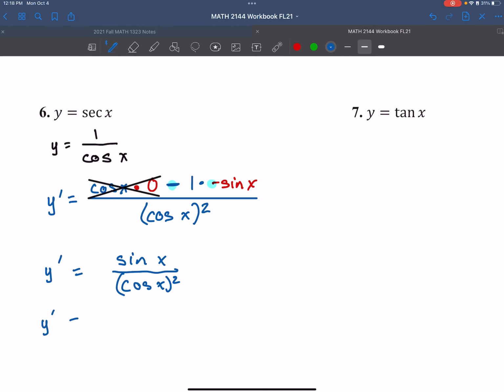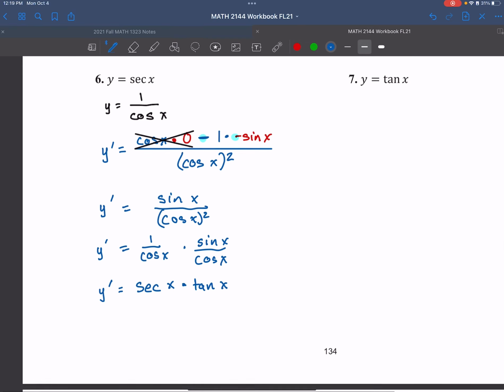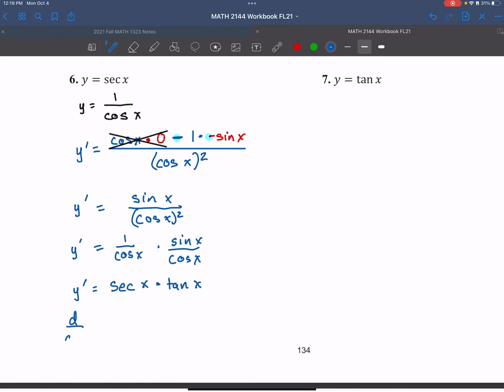We'll rewrite this as 1 over cosine of x times sine of x over cosine of x. So you can see right here we have y prime is equal to secant of x times tangent of x. So maybe just to put the rule stated simply at the bottom, the derivative of secant of x is equal to secant of x times tangent of x.